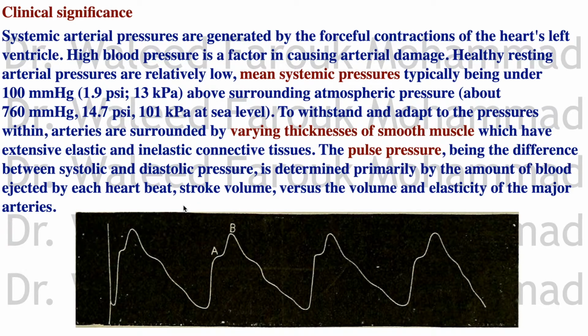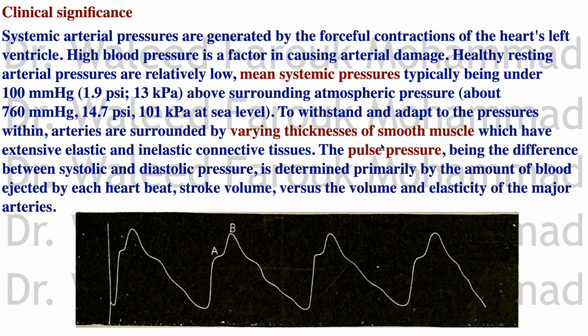The clinical significance: systemic arterial pressures are generated by the forceful contractions of the heart, left ventricle. High blood pressure or hypertension causes arterial damage. The healthy resting pressures or the mean systemic pressures are typically under 100 millimeters of mercury above the surrounding atmospheric pressure.